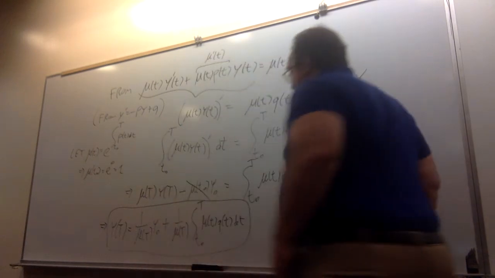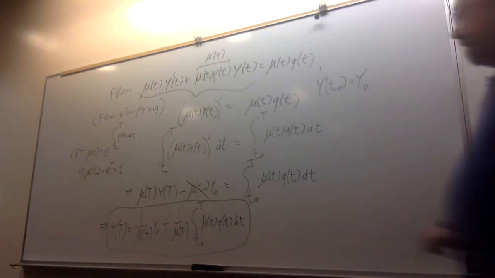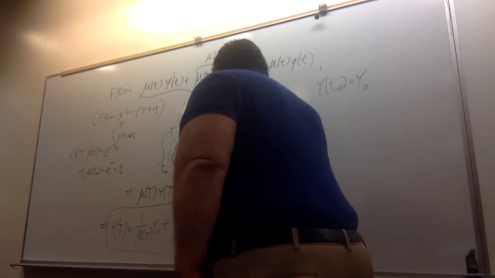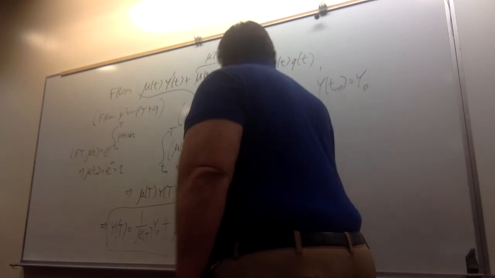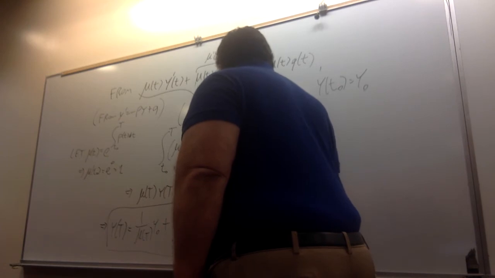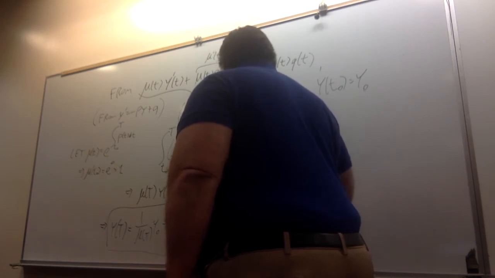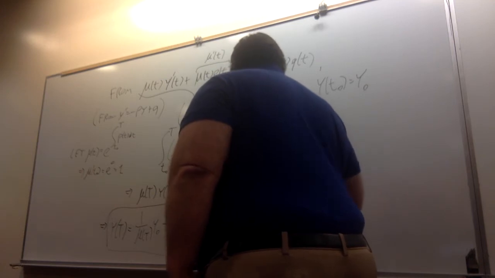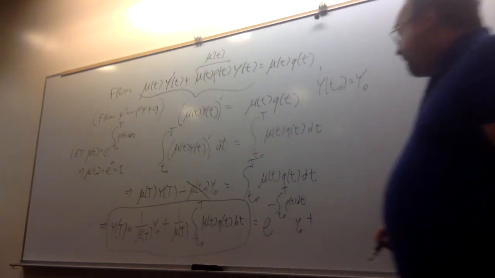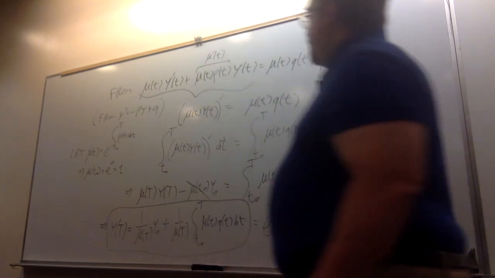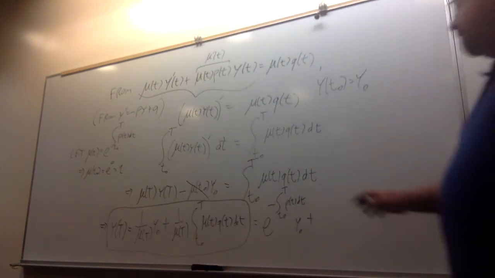Right. If I were to fill in what the integrating factor is, this can be e to the minus integral t naught to capital T of P of t dt, plus, here we have the integral from t naught to little t.